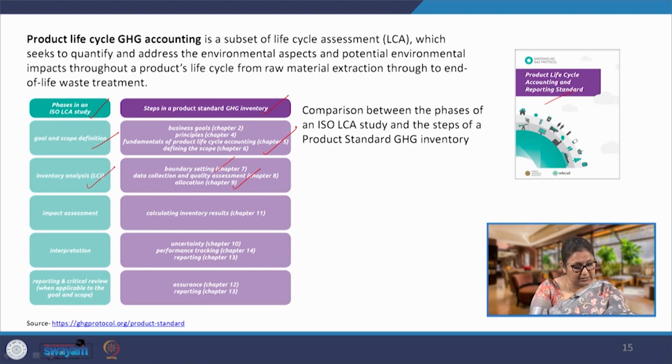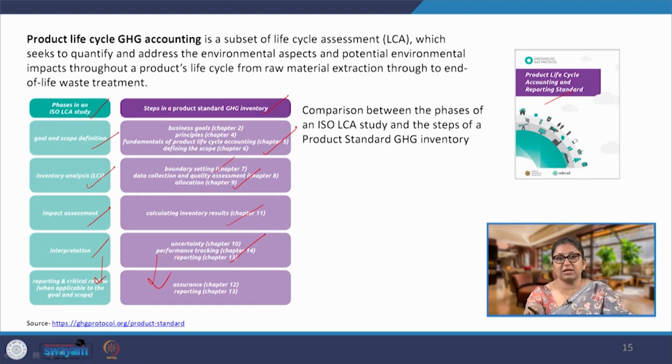We collect the data. Then we go ahead for impact assessment, and here we are looking at the inventory results, calculating it between the baseline year and the reporting year. Interpretation: here we are looking for performance or reporting or validation, and finally leading to reporting. So, they are very similar.